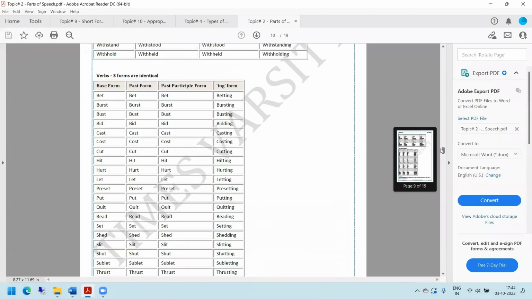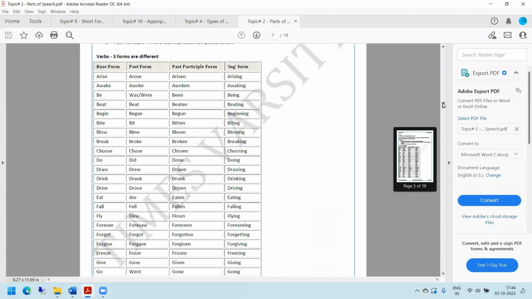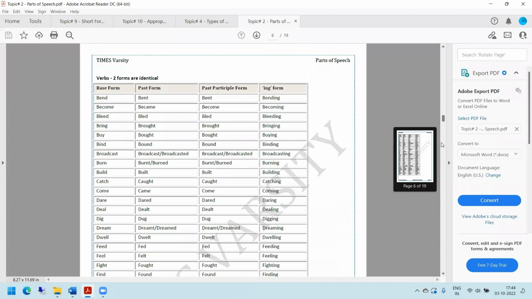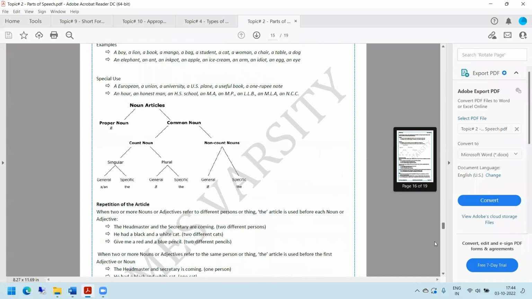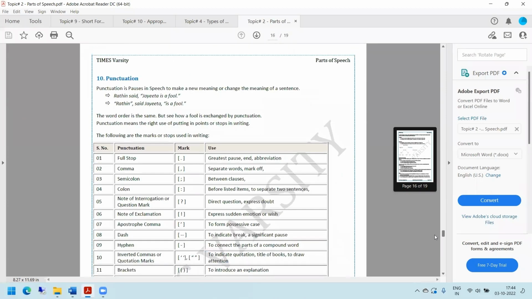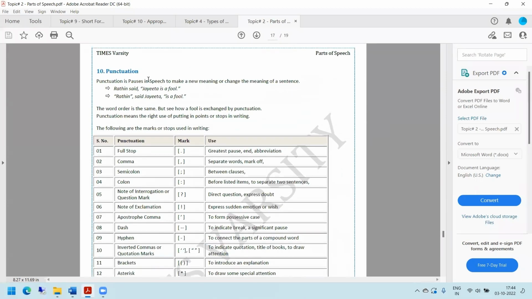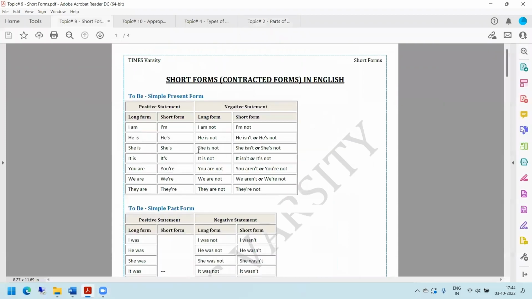These are punctuations, like full stop. Now we are talking about this apostrophe, which is used after the pronoun. This is apostrophe s.